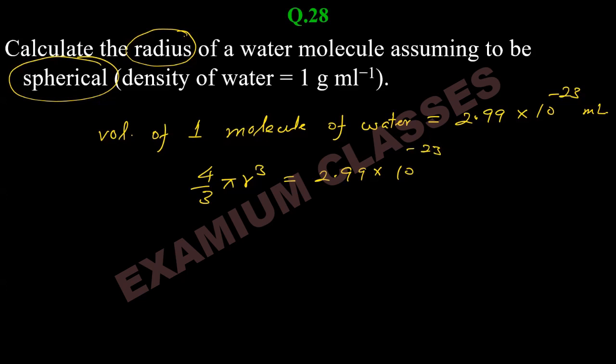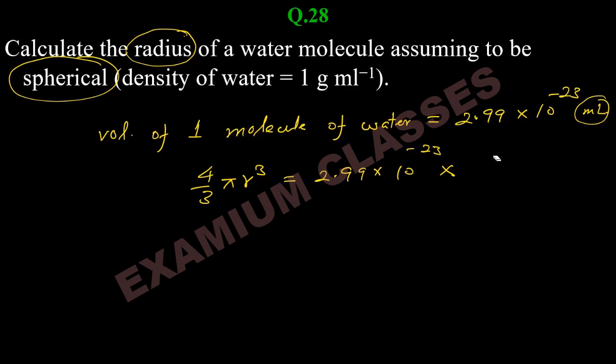Now there is a catch. The catch is here you have this in milliliter, and R you will get in centimeter, okay, or meter. R cannot be in milliliters, and that's where the students make mistakes. Okay, so this is something you need to convert into centimeter.